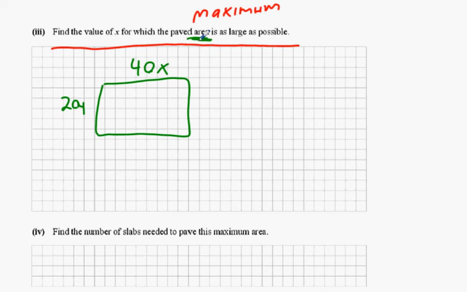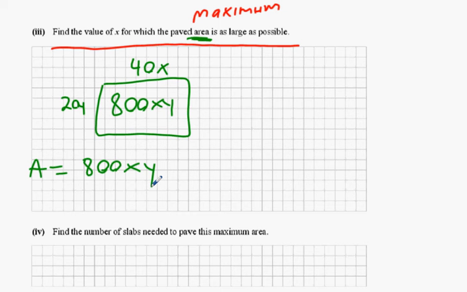We're talking about area. What's the area of that rectangle? 40x times 20y, which is? Now, area equals 800xy.